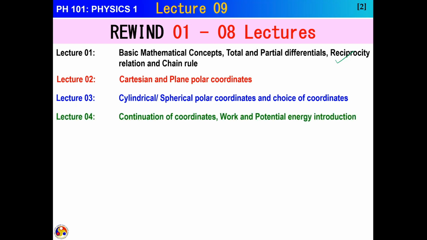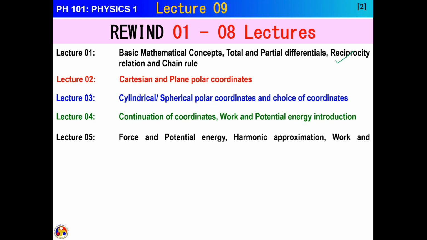In lecture 4, the coordinates were continued to completion, and then we started giving an introduction towards the work and potential energy part. And in lecture 5, the force and potential energy went into detail along with the harmonic approximation, work and potential energy in 2D and 3D, and introduced the concept of conservative and non-conservative forces.